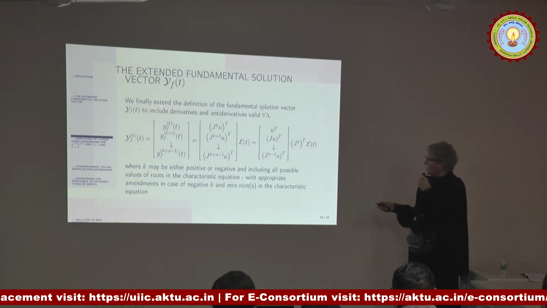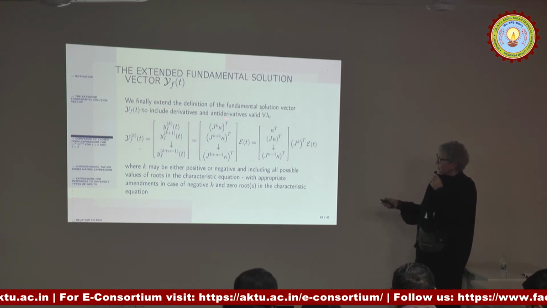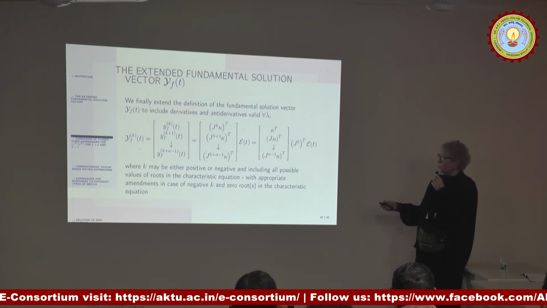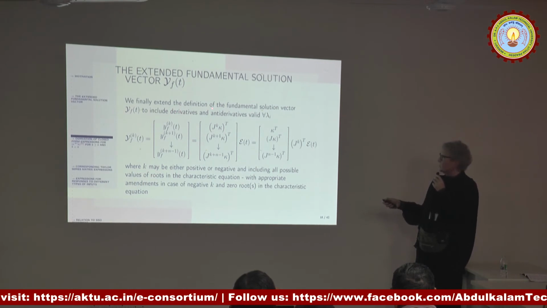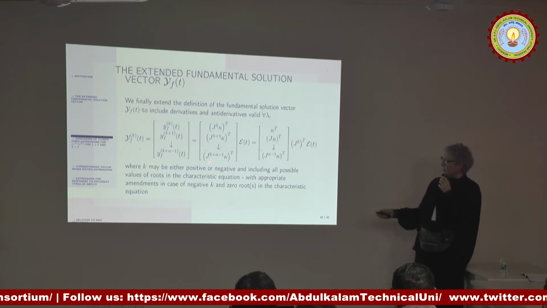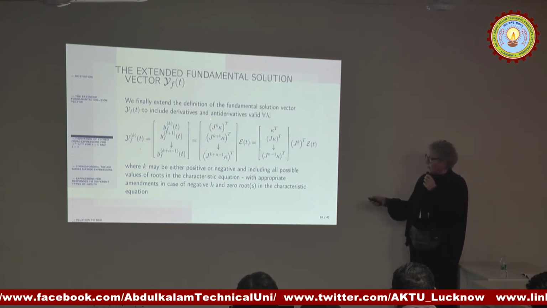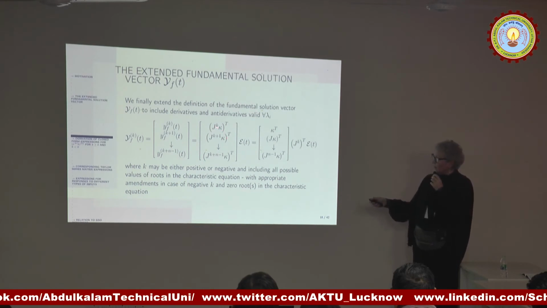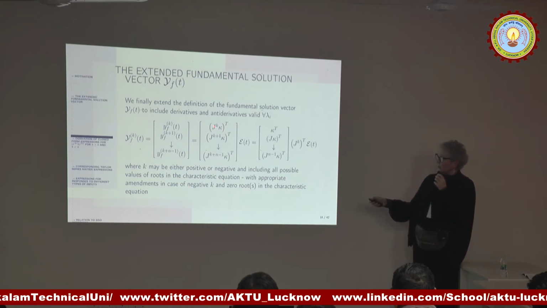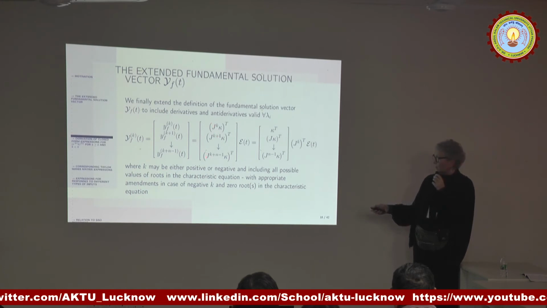So then we have the extended fundamental solution vector. We did it to include all derivatives and antiderivatives valid for all lambda i. And if we just look through these briefly, they first look like that. The only difference here is that we have the Jordan matrix to the power k all the way down.